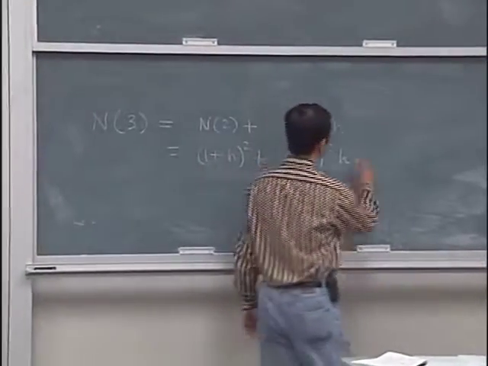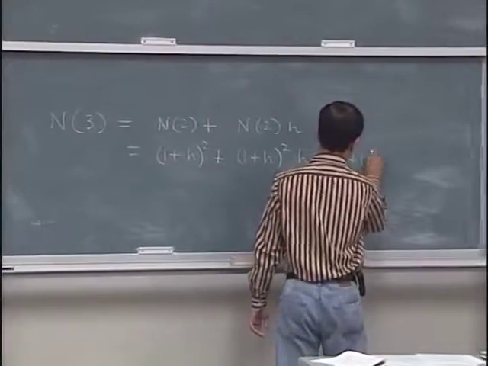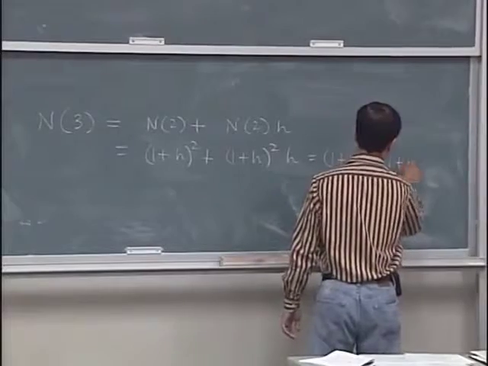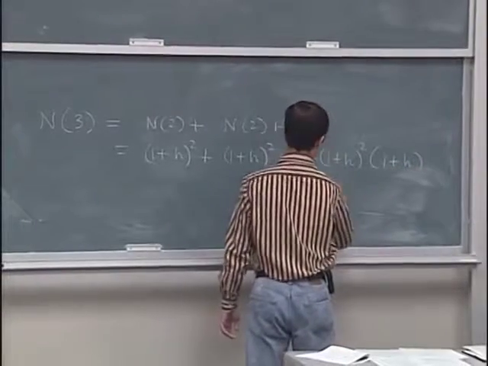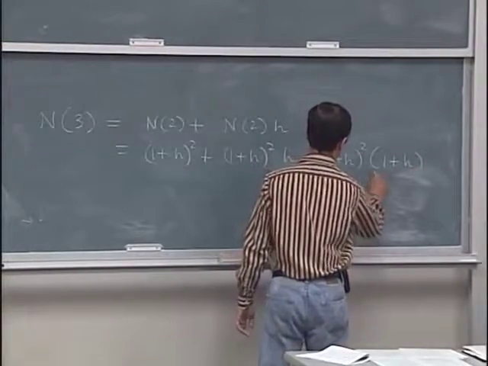Now this I can write as 1 plus h whole square times 1 plus h, which is 1 plus h cubed.